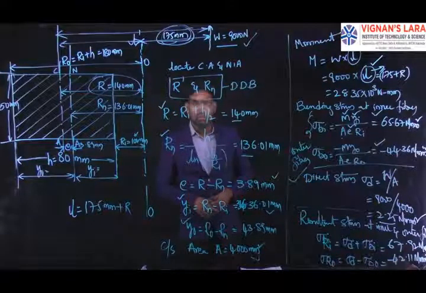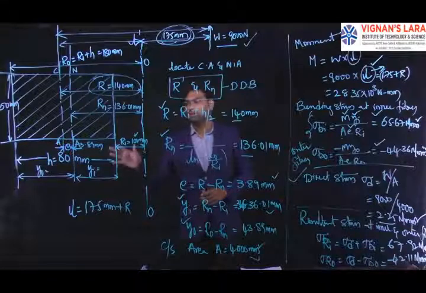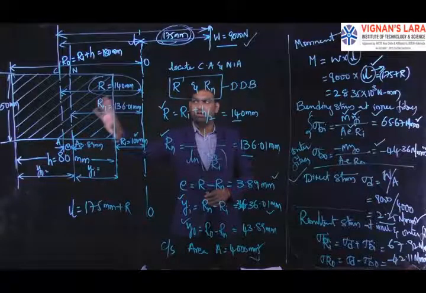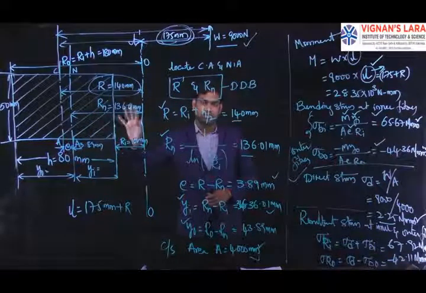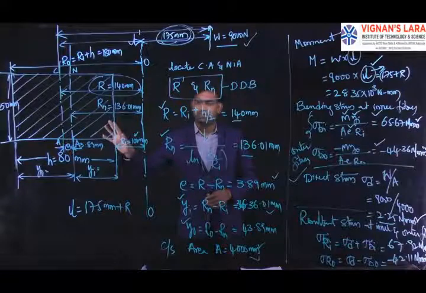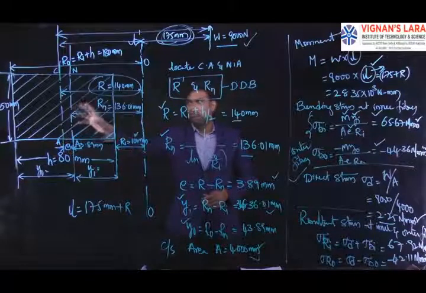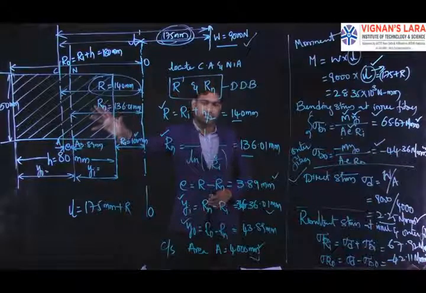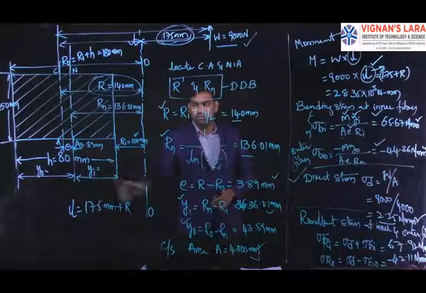Whatever the cross section is, you need to draw the cross section clearly with respect to the center of curvature line and indicate all the radii: Ri, the radius of curvature to the inner fibers, R naught, the radius of curvature to the outer fibers, the radius of curvature to the centroidal axis, and Rn, the radius of curvature to the neutral axis.